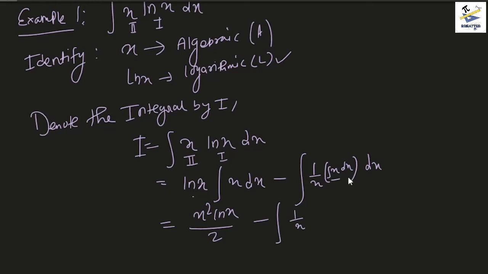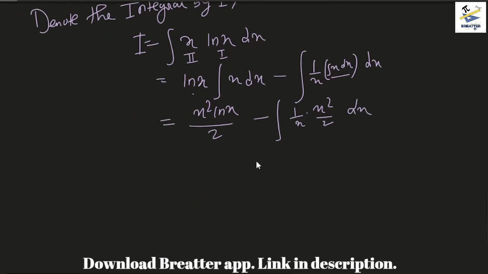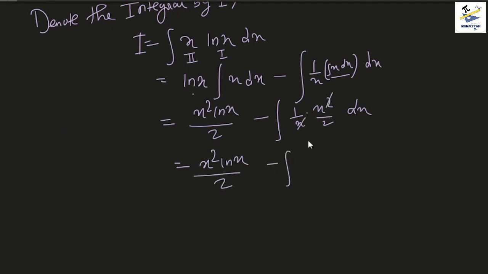In this inner integral you do not need to include the constant plus c, since we are basically trying to just find the integral and accept the constant. So 1 by x times x square by 2 dx, and as we can see this becomes x square ln x by 2 minus the integral of x by 2 dx, as the x is cut off, which can also be evaluated.